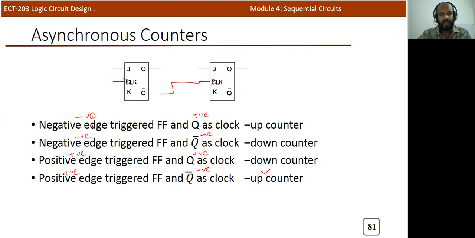So you can see that when the same sign comes, that is negative, negative, and positive, positive, the counter will be a down counter. And when the signs are opposite, negative and positive or positive and negative, it will operate as an up counter. So this is an easy way you can consider as a trick to design an asynchronous counter.